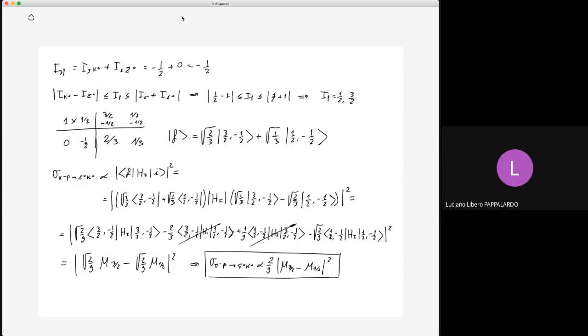This was the first one. So let's now go quickly to the other two, and then we construct the ratios.